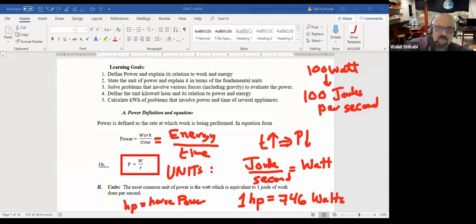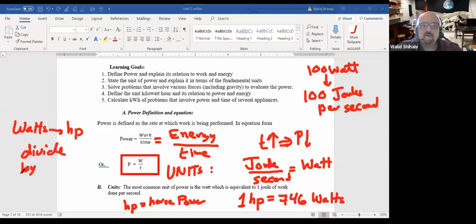So to convert from watts to horsepower, you have to divide by 746. We need this information for the lab, because in the lab you'll be calculating your power and your horsepower.